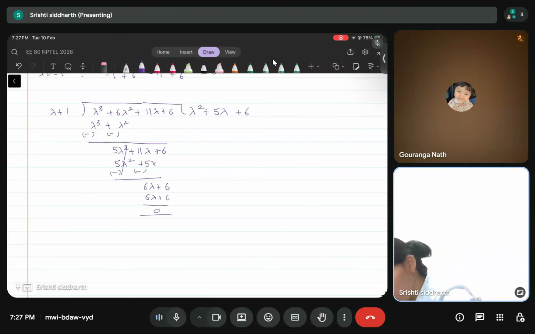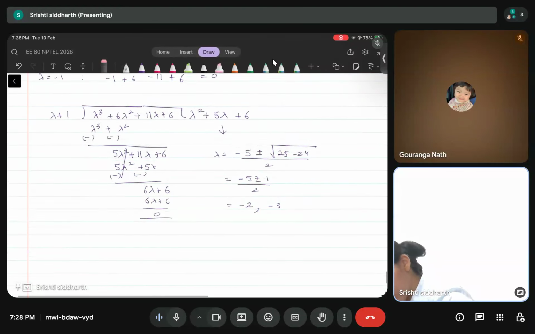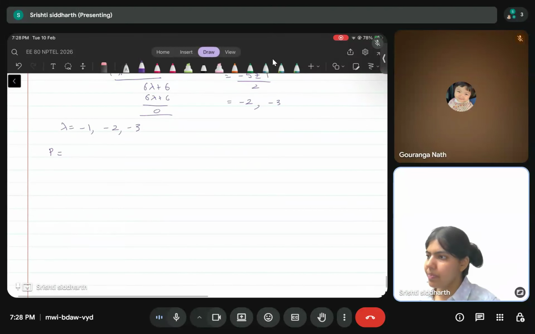Okay, so let's find the roots of this equation. So the eigenvalues are lambda equals -1, -2, -3.